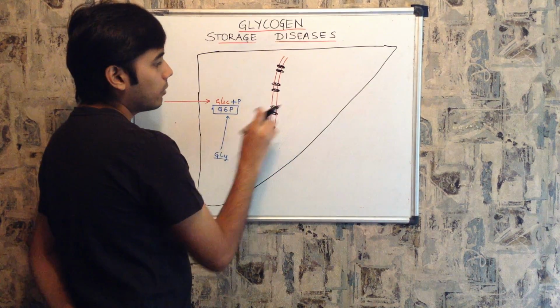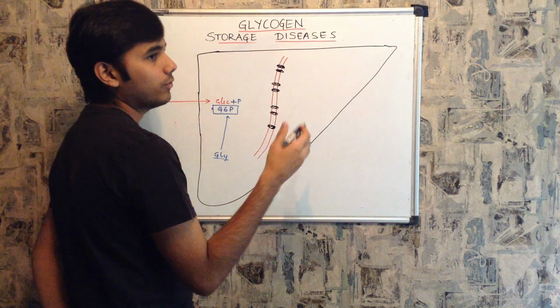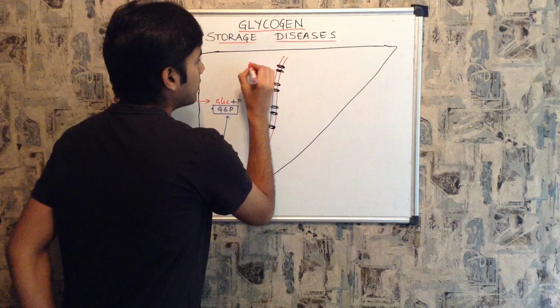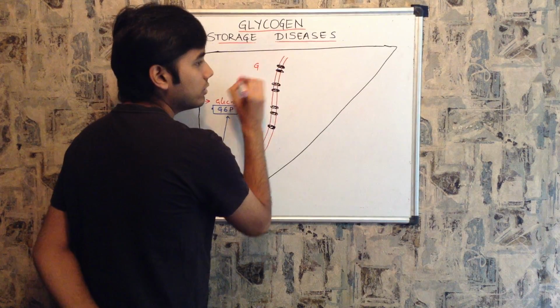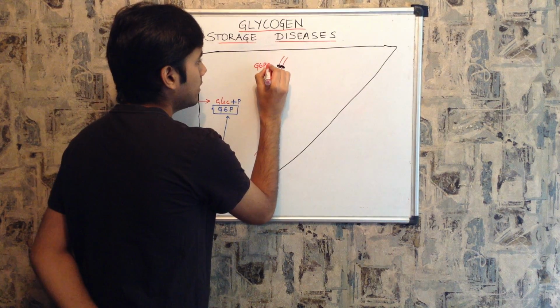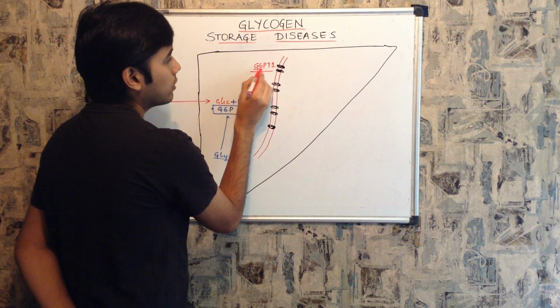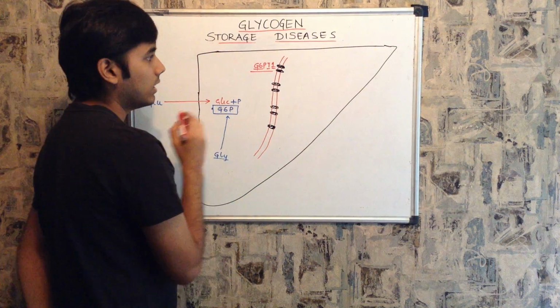So this transporter protein is named glucose 6 phosphate transporter protein, right? More precisely, glucose 6 phosphate transporter protein number 1.